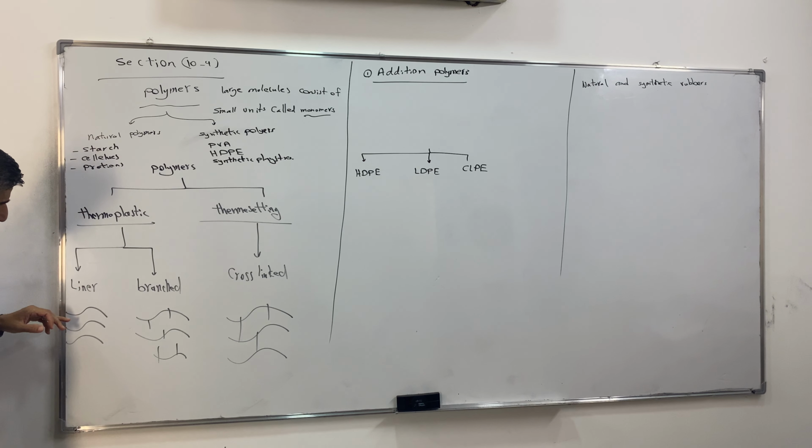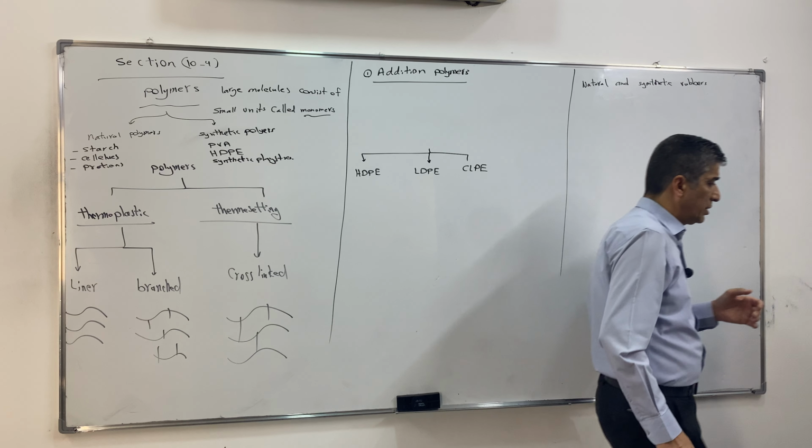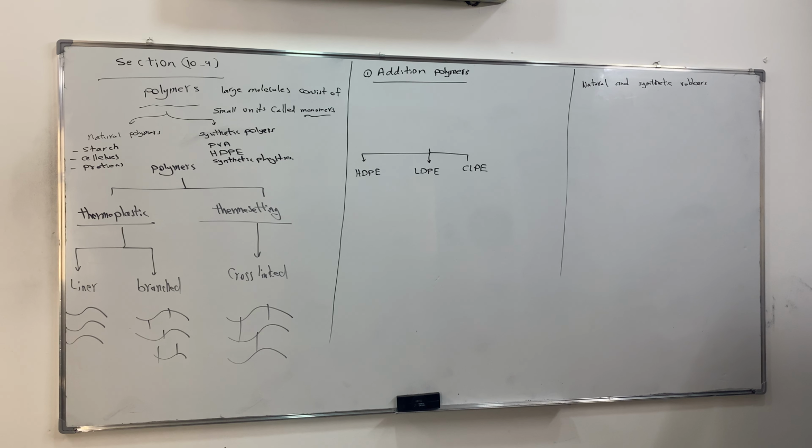Because here we have linear polymers. The chains of the linear polymers slide against each other, back and forth. You can say the molecules of linear polymers are free to move. They slide back and forth against each other easily when heated. So linear polymers are thermoplastic.